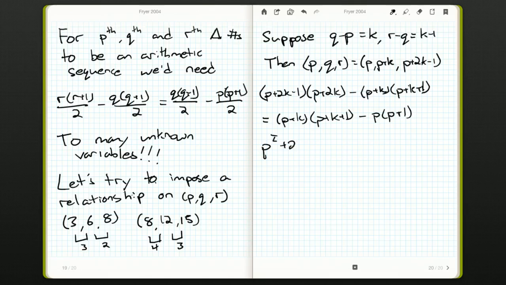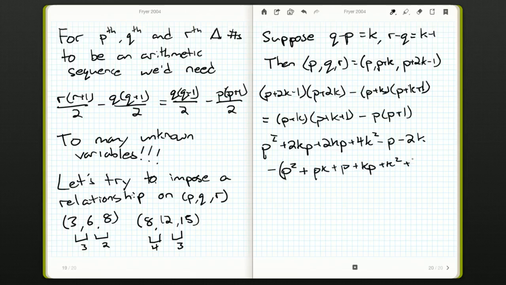So P squared plus 2KP plus 2KP plus 4K squared minus 2K, minus P minus 2K. That's subtracted off of P squared plus PK plus P plus KP plus K squared plus K. Okay.